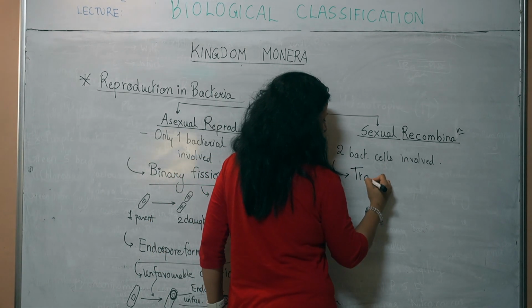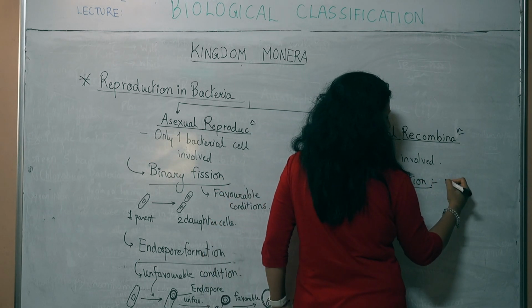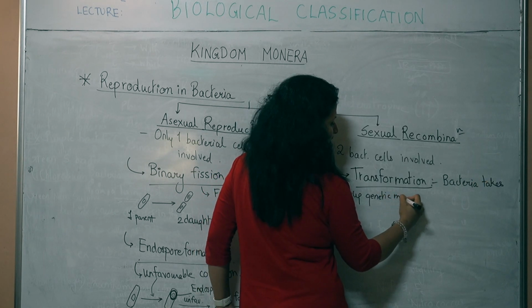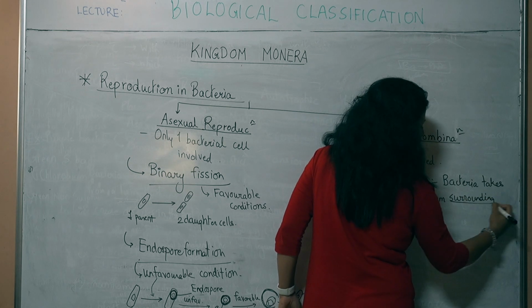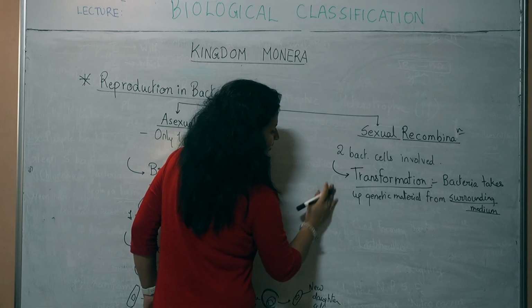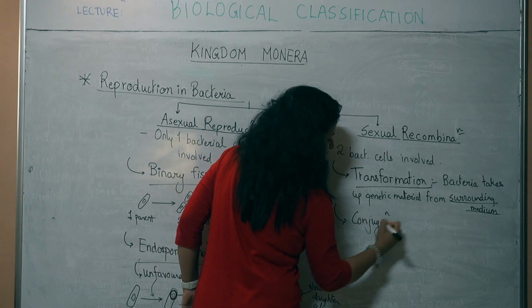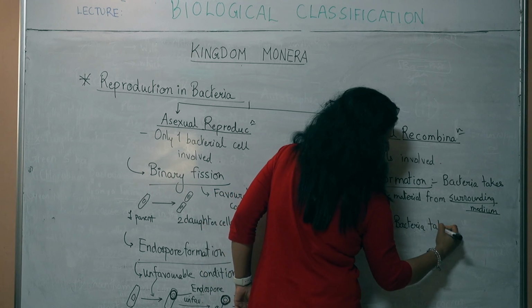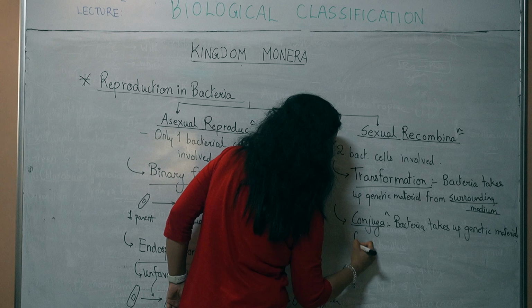One is transformation. Transformation is wherein bacteria takes up genetic material from the surrounding medium. Second type is called conjugation. Conjugation is wherein bacteria takes up genetic material from who?